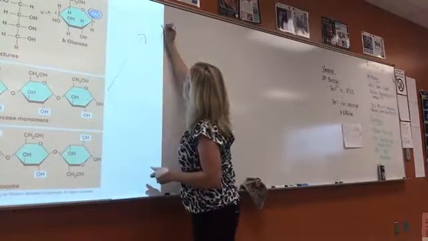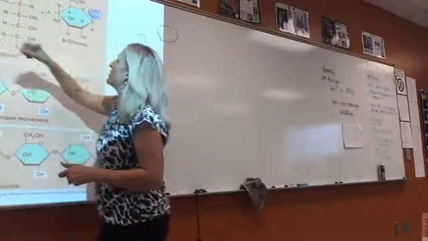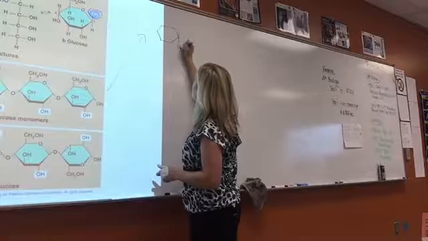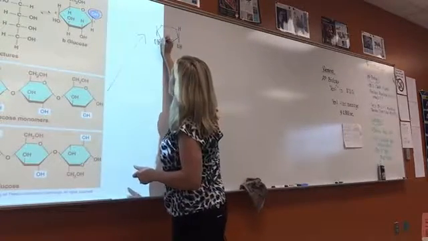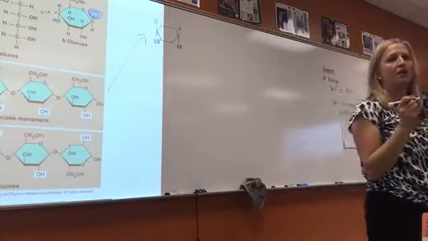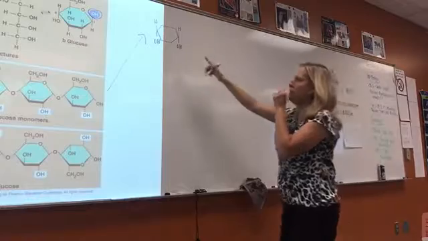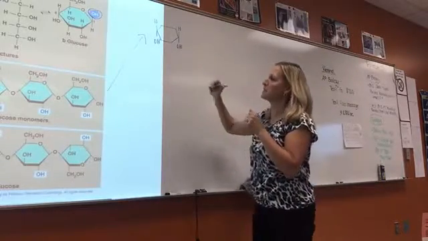So I'm just going to draw the ring like this and put the parts on the end. So there's an OH and an H on this side, and an OH and an H on this side. I'm just going to draw those parts because those are the parts of the molecule that are important in the monomers bonding together, the glucose molecules bonding together.